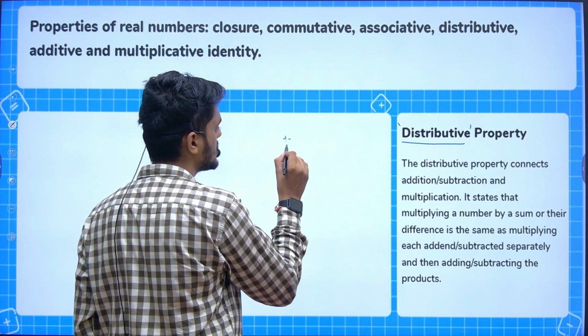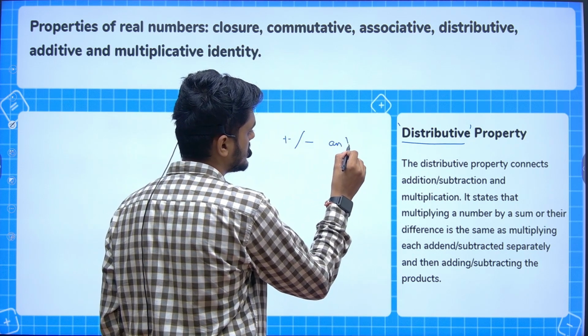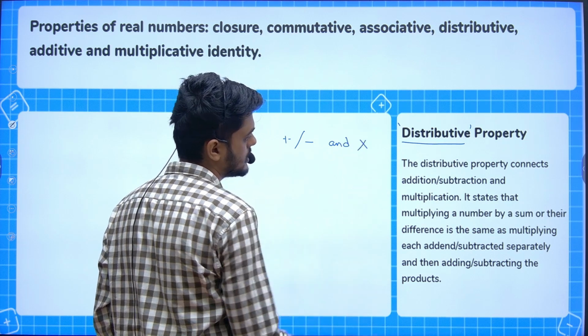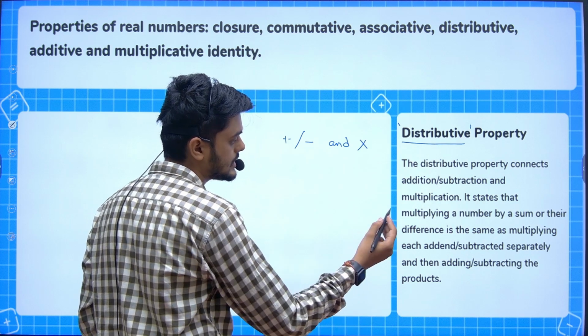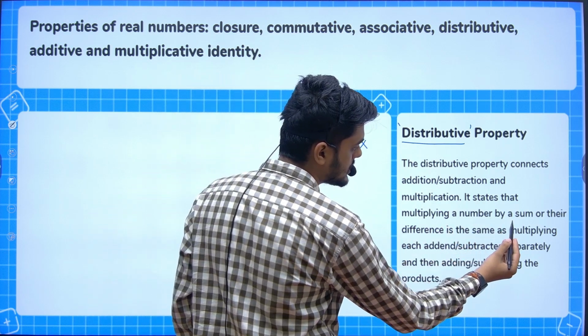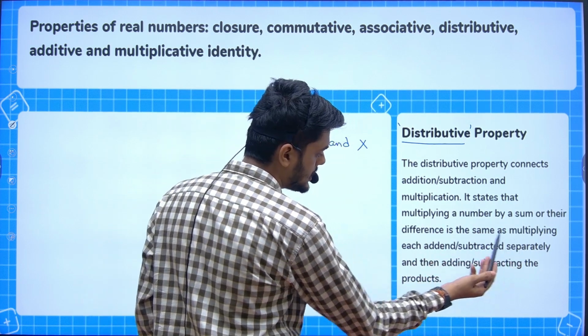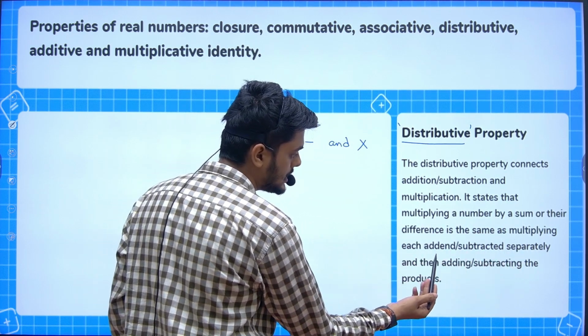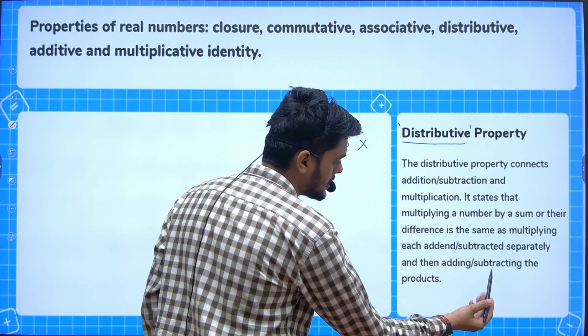That means the addition or subtraction would be connected with multiplication, and it states that multiplying a number by a sum or a difference is the same as multiplying each addend or subtrahend separately and then adding or subtracting the products.